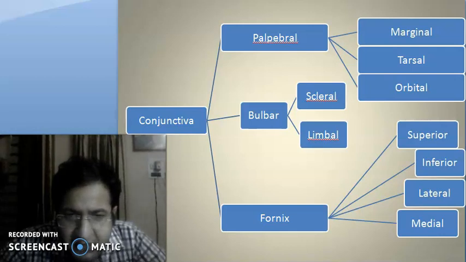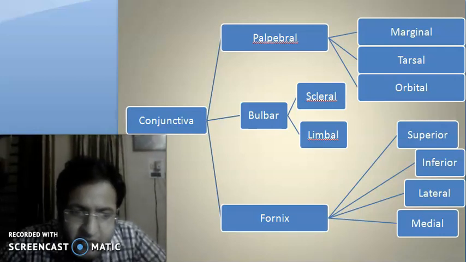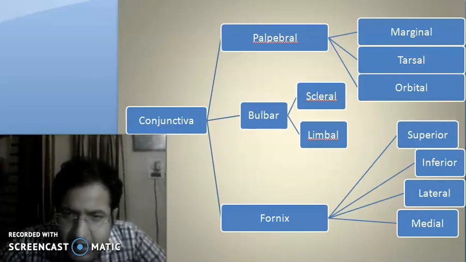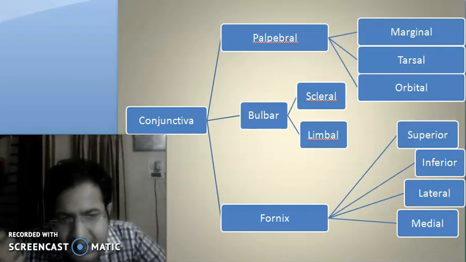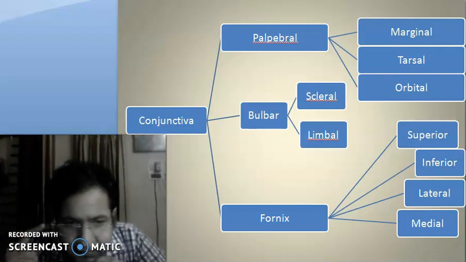The limbal part is about 3 to 4 mm from the limbus, and the rest is the scleral part of the bulbar conjunctiva. The fornix is a cul-de-sac space and is divided into superior, inferior, lateral, and medial.